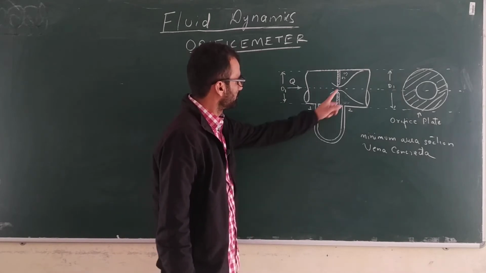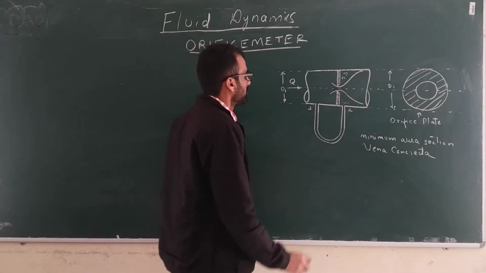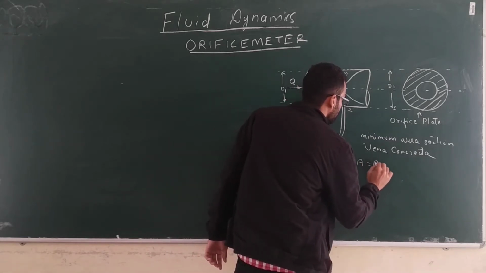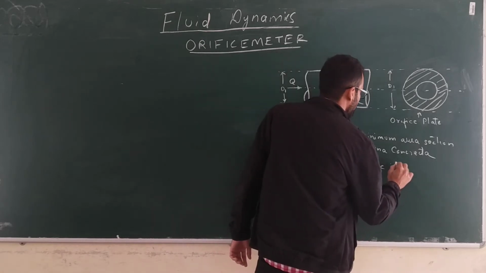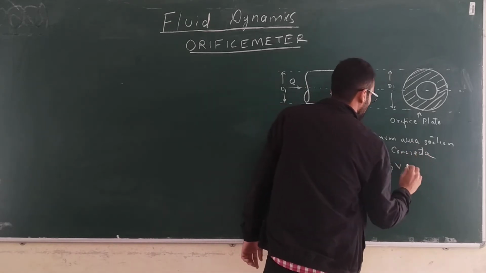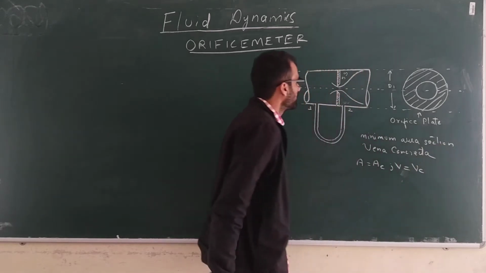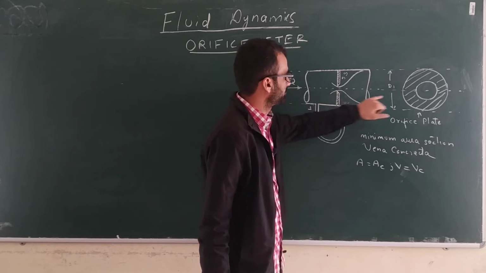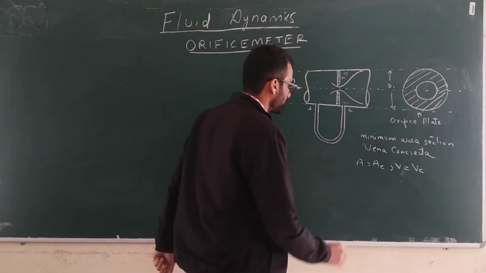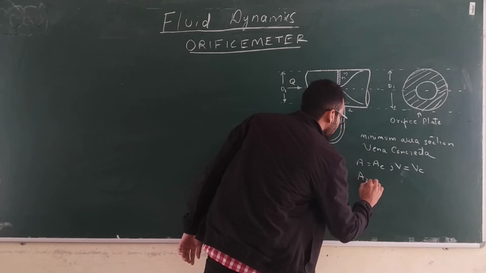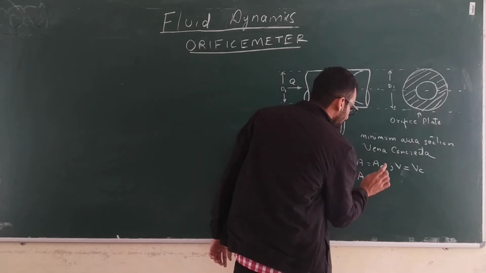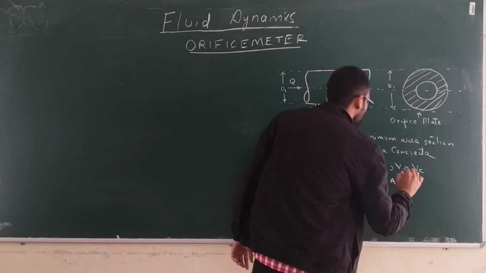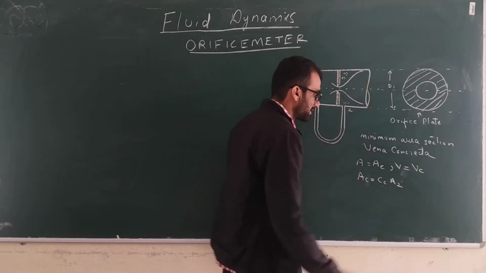So at this vena contracta, let's say area is AC and velocity is VC. Now there is a relation between this vena contracta and the area of the orifice plate. Suppose the area of the orifice plate is A2, then A2 and AC are related as AC equals CC into A2.